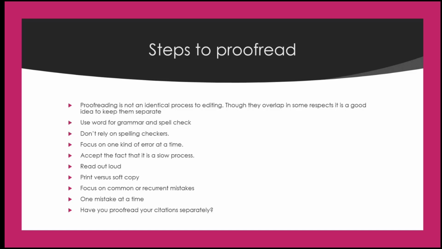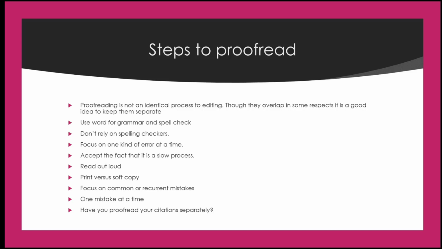So for example, my chat is just loading. You could mean there for possession, right? But you said they. So Word will not pick that up as a spelling error or as a mistake, right? But it could be a mistake. So what we're saying is the spell check is really just the first step to help you with your proofreading, but it shouldn't be the only thing you rely on.